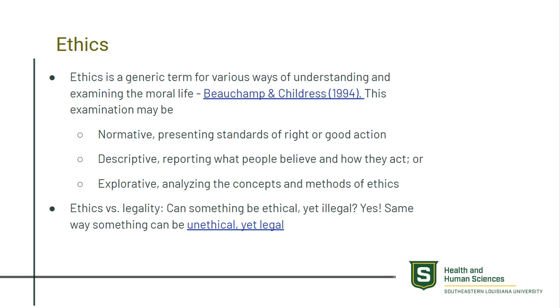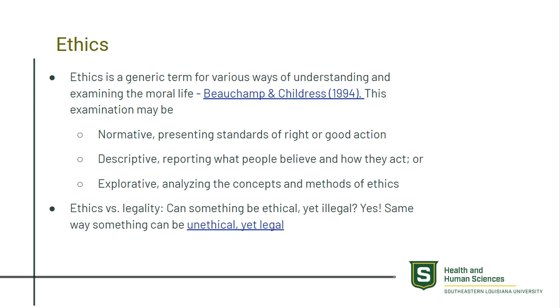It also brings us to the question of how legality comes into play when we're talking about ethics. Can something be ethical yet be illegal? And the other way, can something be unethical and yet be legal? The answer is absolutely. The reason is that what becomes legal or what becomes a crime is not always based on whether it is ethical or not.